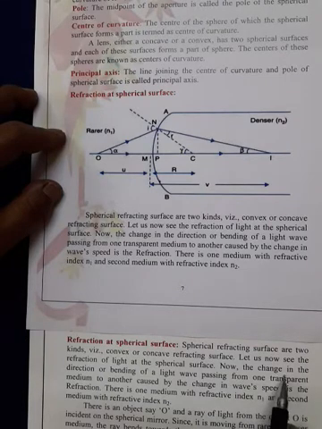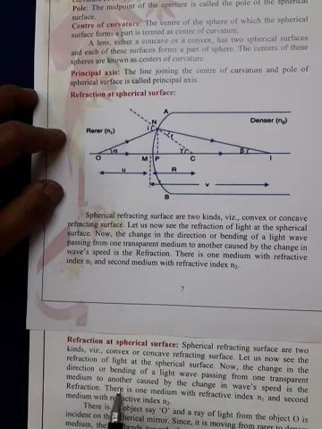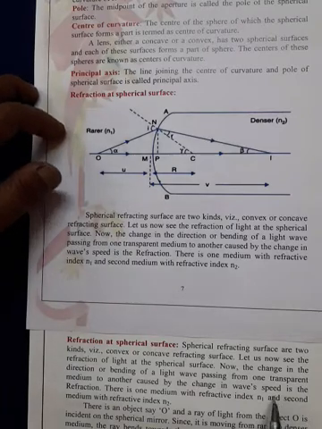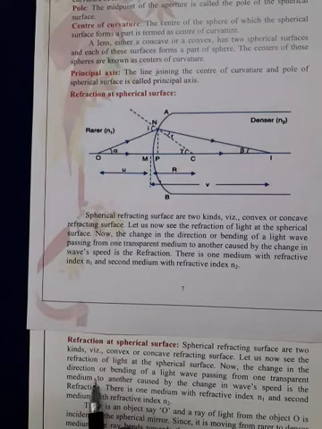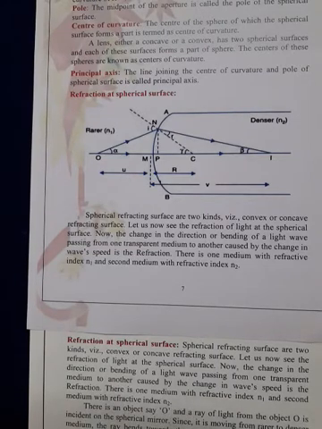The change in the direction or bending of a light wave passing from one transparent medium to another, caused by a change in the wave's speed, is refraction. You remember this. Why is there a change in the wave's speed?